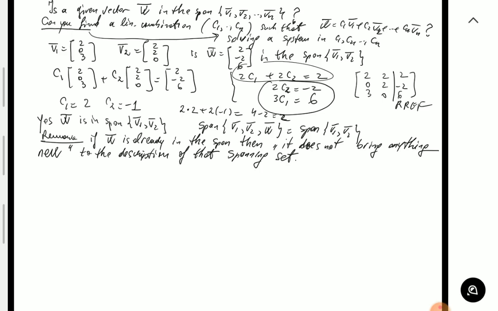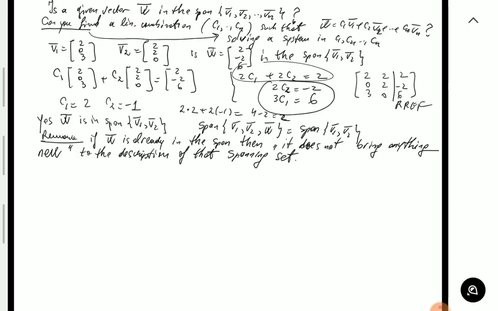So I hope it's clear, because let's say you are in the conquest of describing the entire vector space. So you have a bunch of vectors, you generate a subspace, and you realize it's not the whole thing. If I take the subspace generated by (2,0,3) and (2,2,0), we established previously it's a plane, it's not the whole R3.